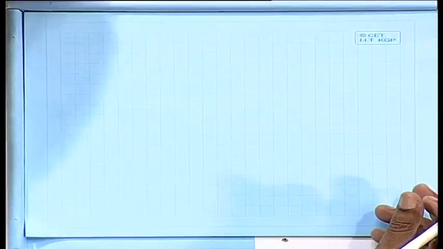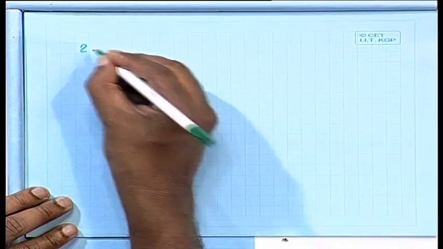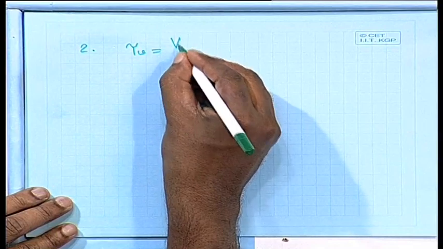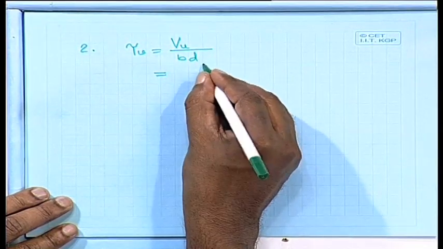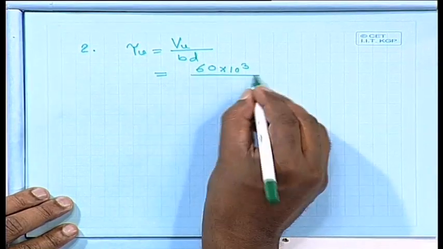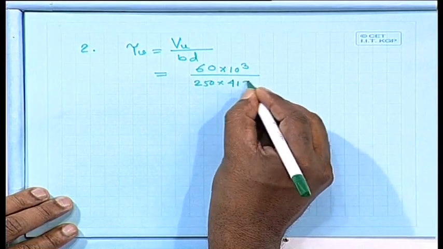What about the shear force? Number 2, the tau V equal to VU by BD, VU equal to 60 into 10 to the power 3 divided by 250 times 415.